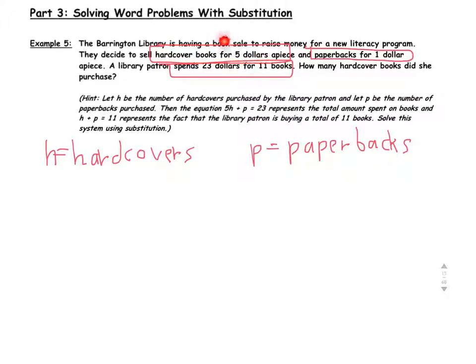Hardcover books cost $5 each, so if I bought H hardcovers, 5 times H is what I spent on those. Paperbacks cost $1 each, so 1 times P, or just P, is how much we spent on paperbacks. Some combination of those has to add up to $23.